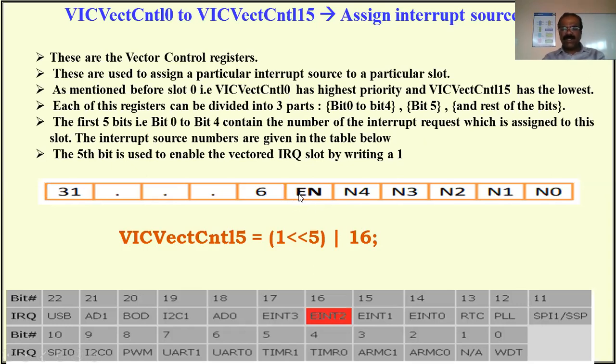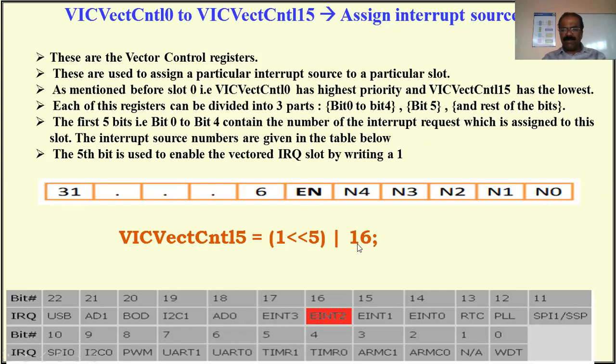What is the position of this bit? It is bit number 5. This is 0, 1, 2, 3, 4, 5. It means I'm shifting 1 towards the left 5 times. Once you execute this statement, it makes this bit equal to 1, which means your interrupt system is enabled. Then only is it possible to serve the request, otherwise not possible.